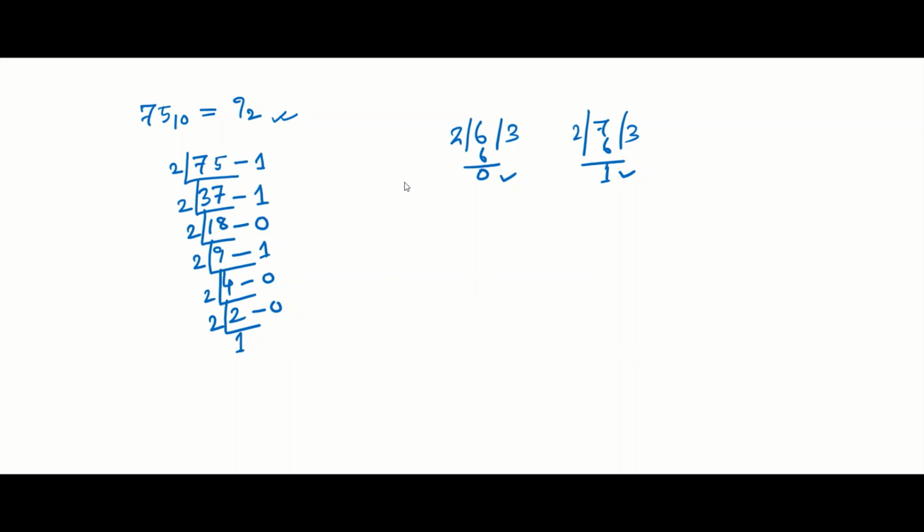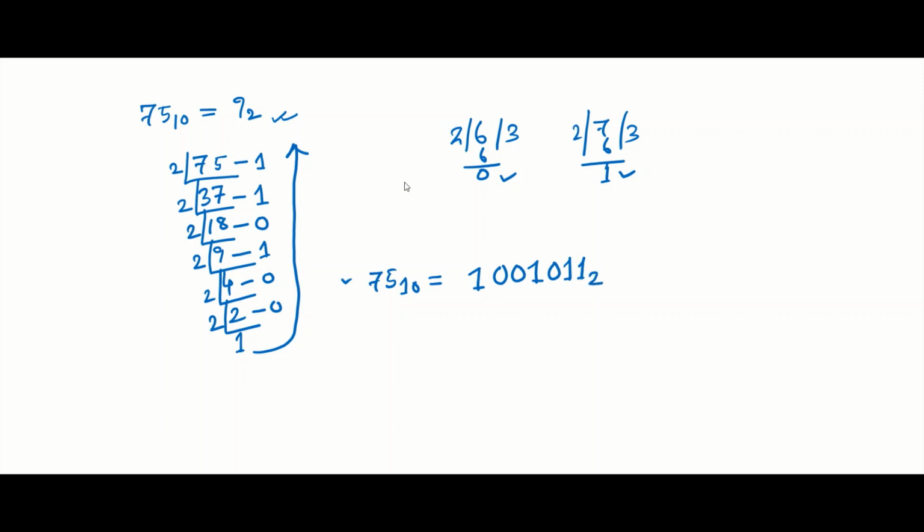So now what should I write? Place the number from bottom to top. Bottom to top. So now 75 in decimal is equivalent to this number 1, 0, 0, 1, 0, 1, 1. This is the binary number of 75.